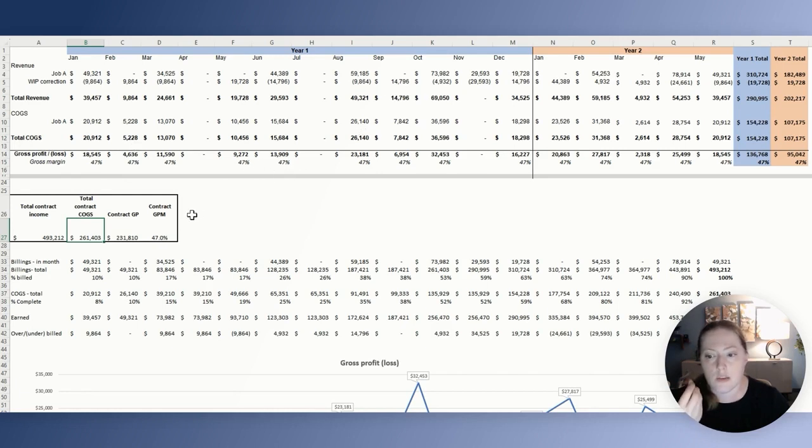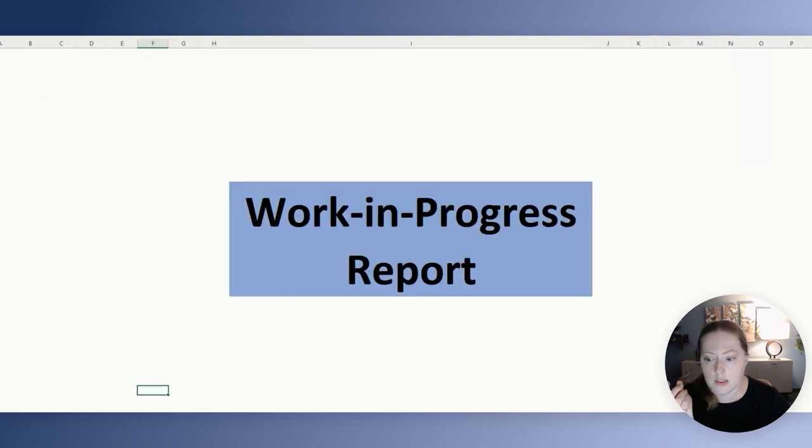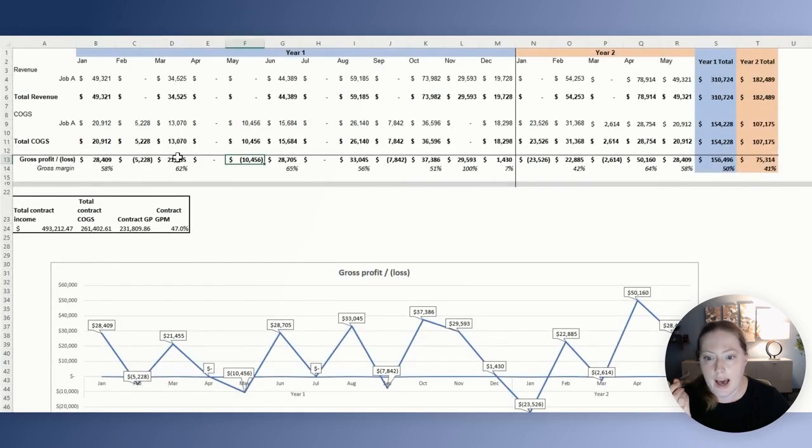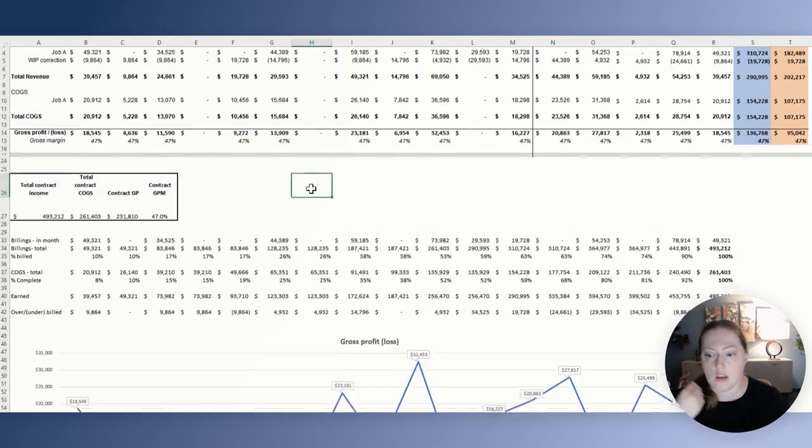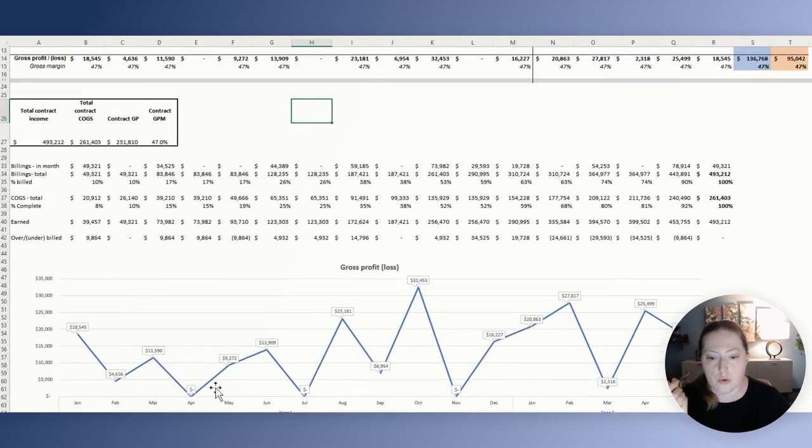So it makes no sense, if the gross profit margin on a particular job is 47%, that we would have negative months, or gross margin at 65% or even 100%. It does not make sense. That's what the work in progress adjustment stabilizes. You will never see a gross profit going negative.